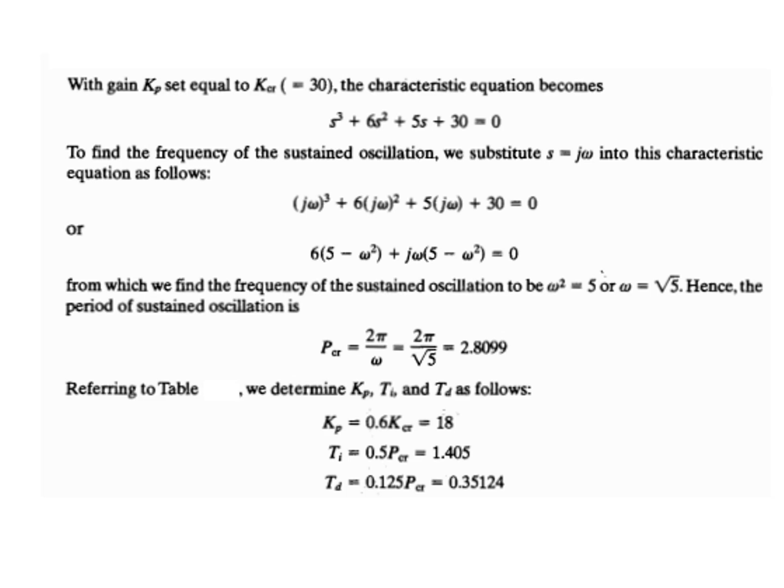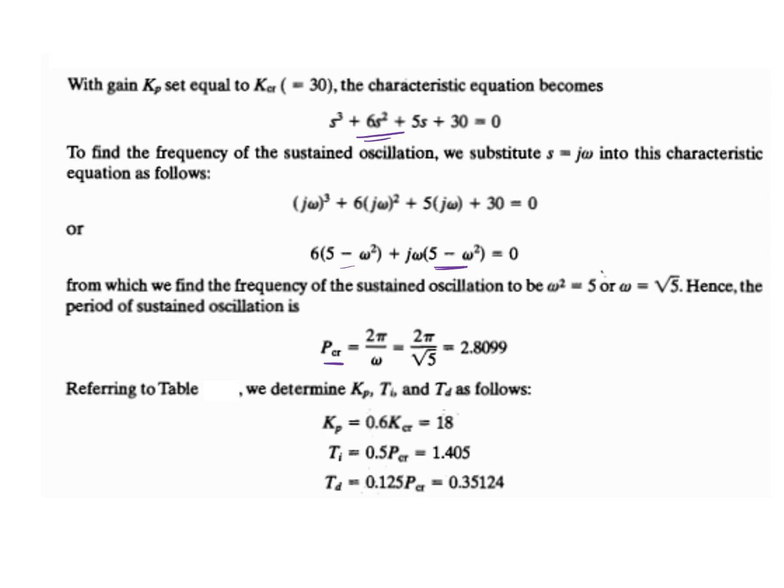So we have to take the transfer function s cube plus 6s square plus 5s. In this place, because I need to find the omega value, s can be replaced by j omega. So replace that. Then you have to collect the real parts and the imaginary parts. And from this, the imaginary part is for sustained oscillation. So from this, omega equals square root of 5.